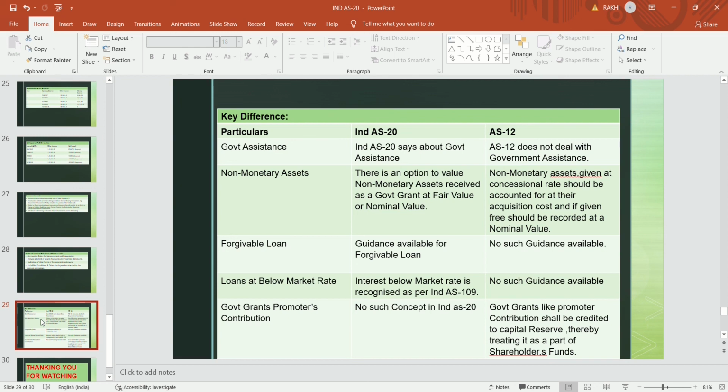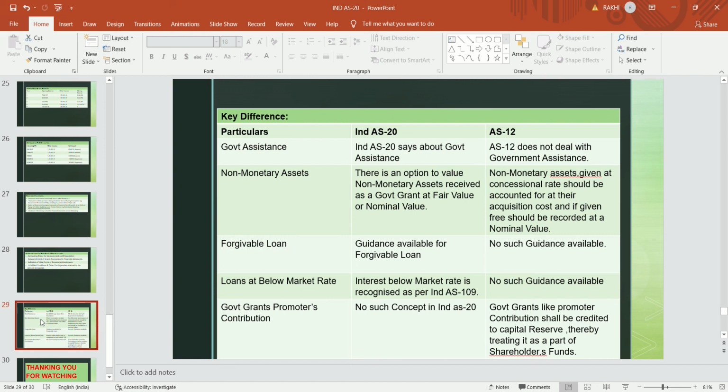Either acquisition cost or nominal value, AS 12 says. Ind AS 20 says fair value: government grant is to be recognized at fair value or at a nominal value. In the case of a non-monetary asset, you will follow either the fair value or the nominal value. Whereas AS 12 says you will follow either the acquisition cost method or the nominal value.